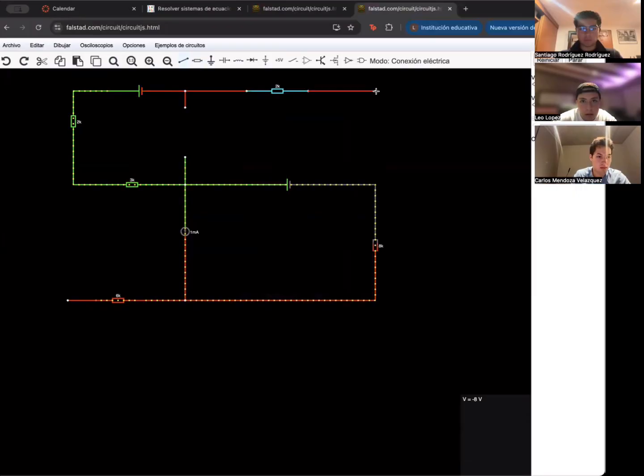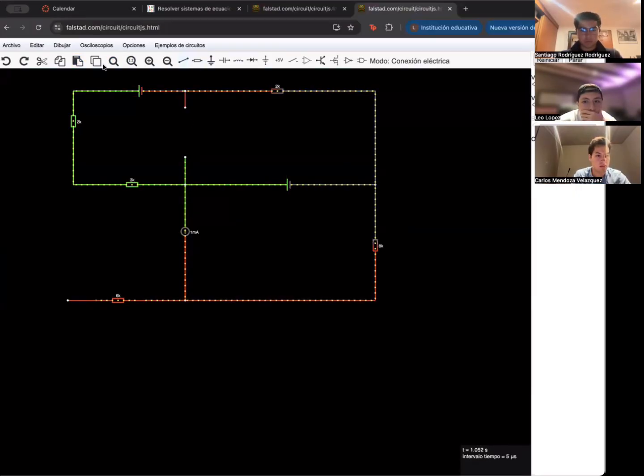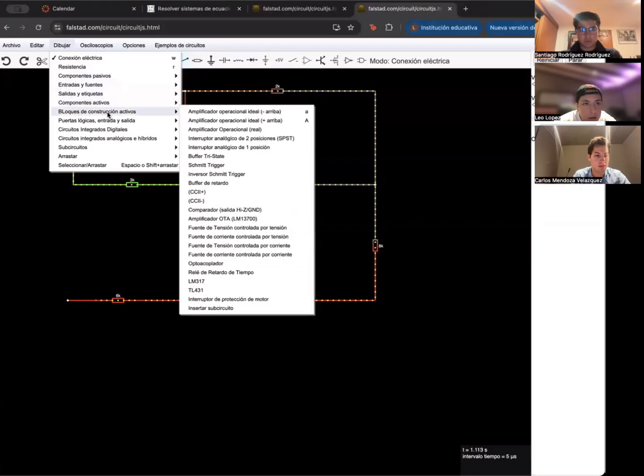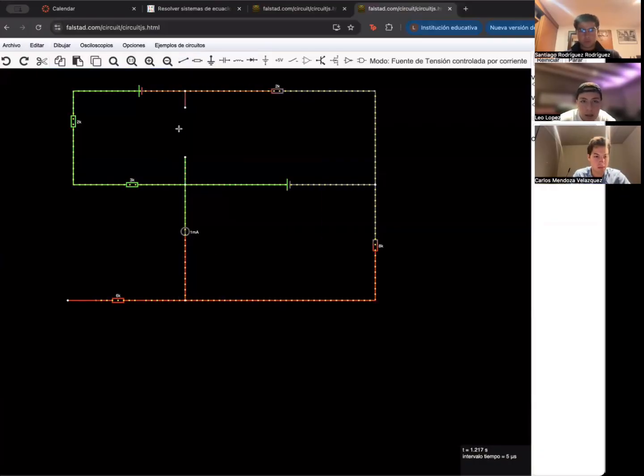And we can use this part. And we have this one, the active components blocks, whatever it's called. And we have a current dependent voltage source, which is this one, fuente de tensión controlada por corriente. And in the problem, it's here in the middle. So I'm gonna move it right here. I think that's in the middle.